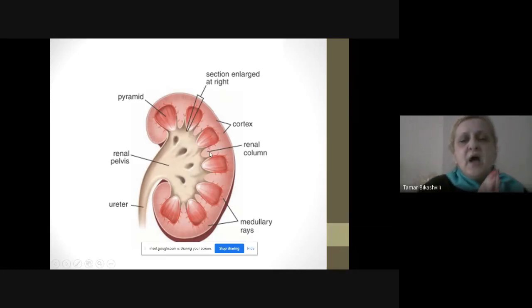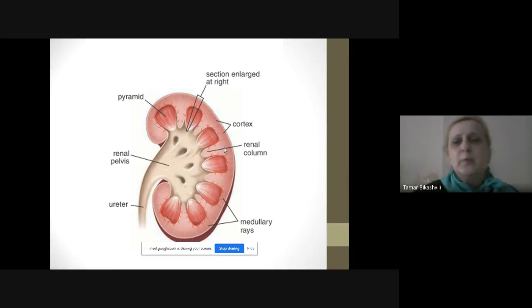So again, cortex and medulla, renal pelvis, major calyxes, minor calyxes, then pyramids. The projections from the pyramids form the medullary rays, and the cortex forms the renal columns.